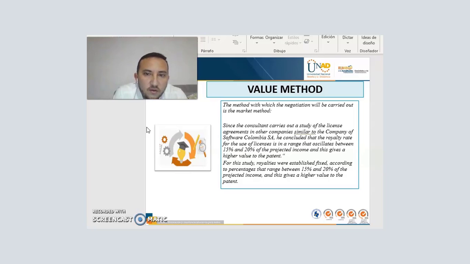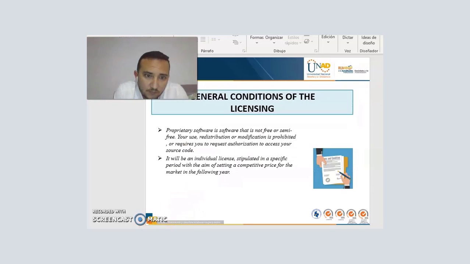For this study, royalties were established as fixed, according to percentages that range between 15% and 20% of projected income, and this gives a higher value to the patent.